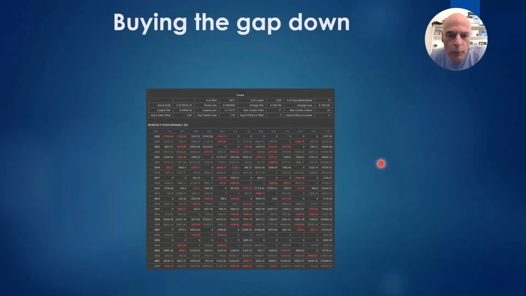Also, it's worth noting that this strategy had 2 months in a row as negative months, but the rest of the months were positive, which means that if we see 2 negative months, we shouldn't get disappointed. It's part of how this particular strategy behaves.